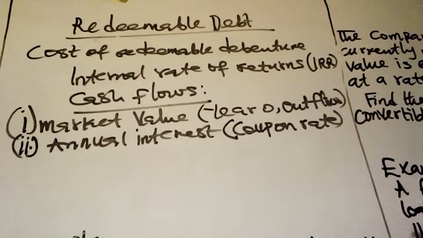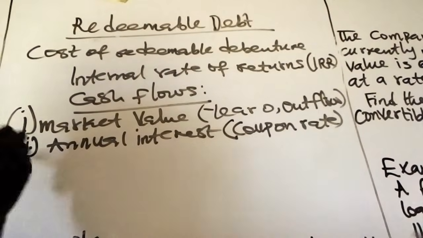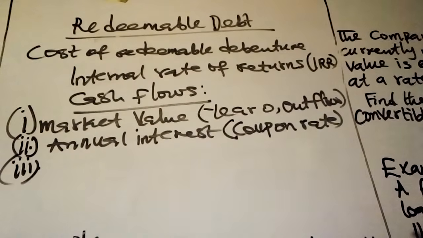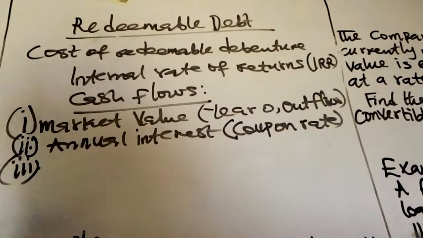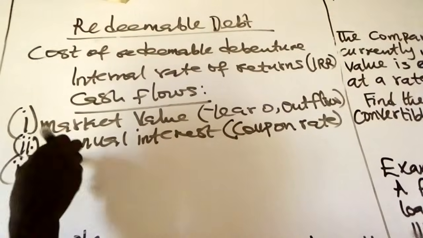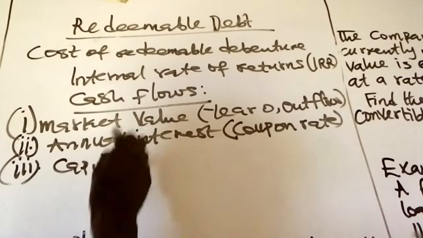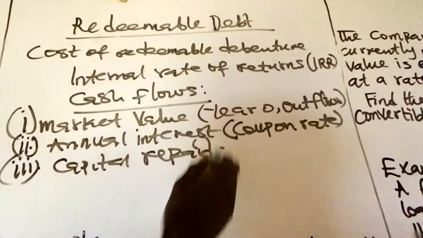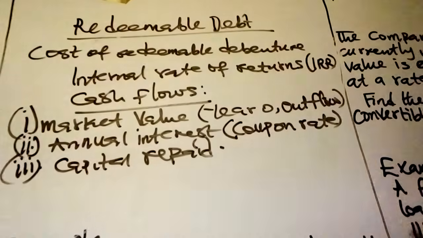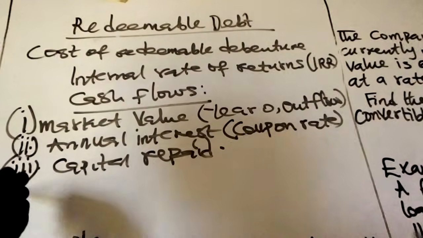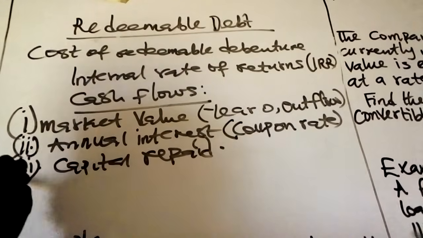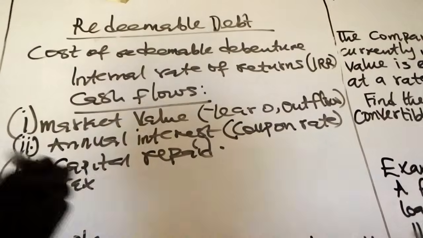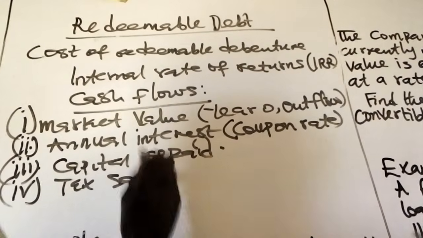The third cash flow is the redemption or repayment value, the amount that will be repaid, the capital repayment. This amount will be repaid at the expiration of the period of the loans or debenture. Number 4, tax savings on interest.